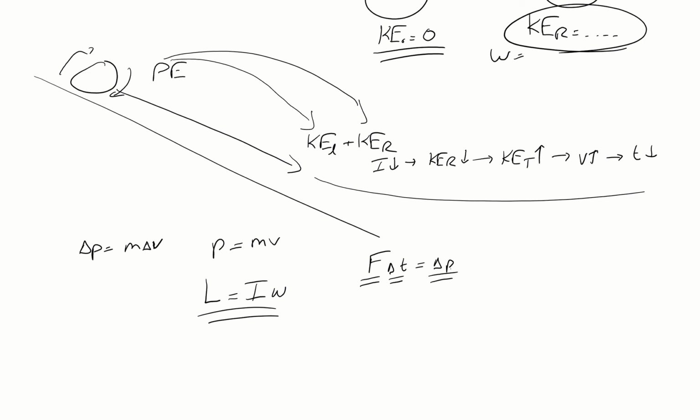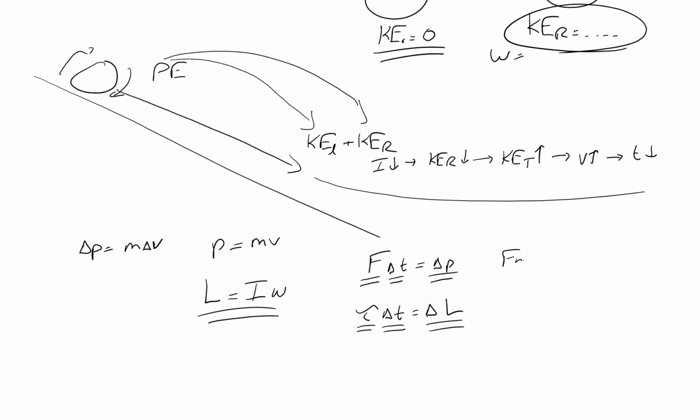So if there's an outside force, momentum should not be conserved. We see the exact same relationship pop up for angular momentum. If there is an outside torque acting for a period of time, then the angular momentum should change.